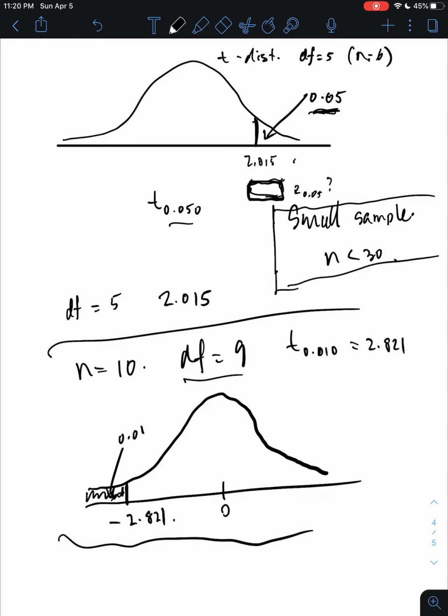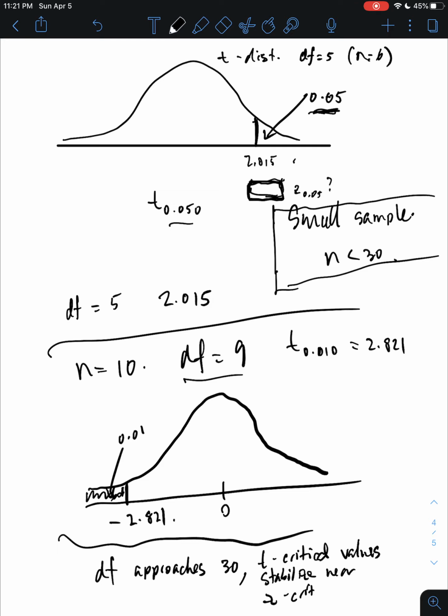One interesting thing about this is that as degrees of freedom approaches 30, the t critical values tend to stabilize near the z critical values.